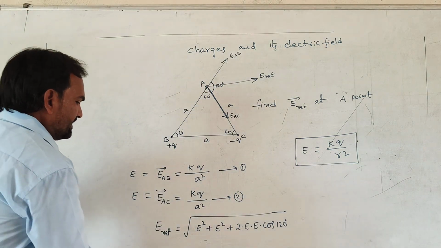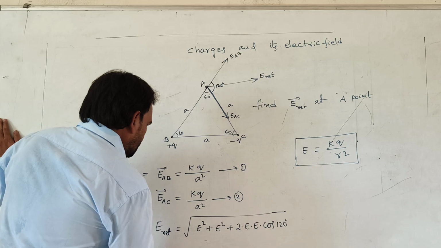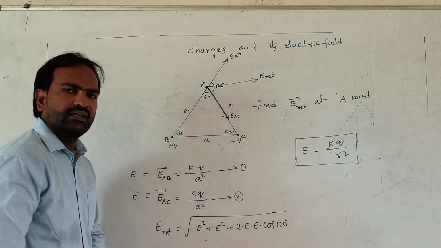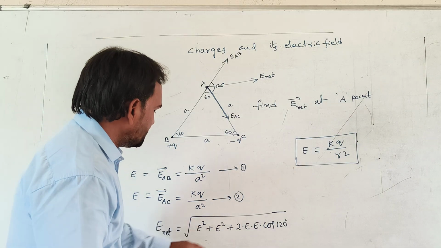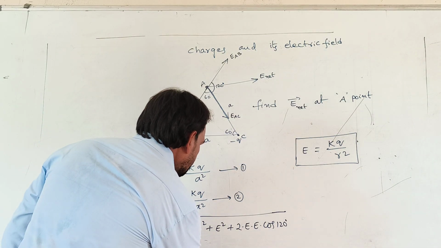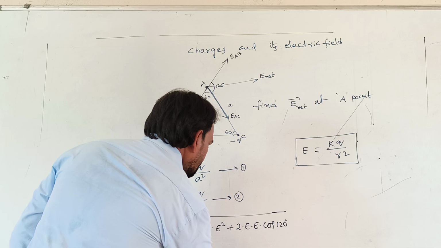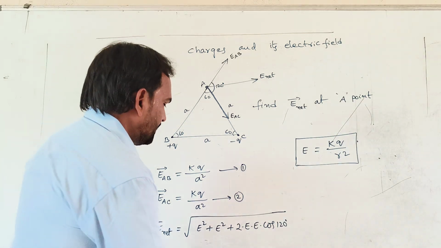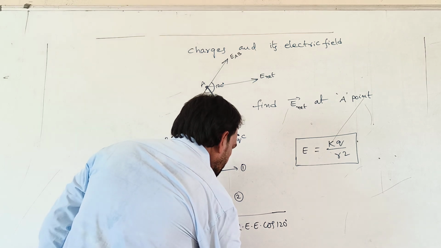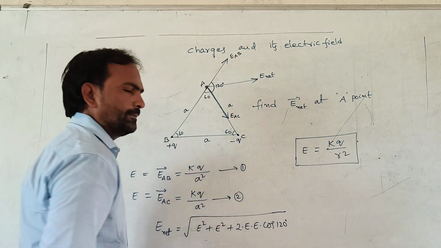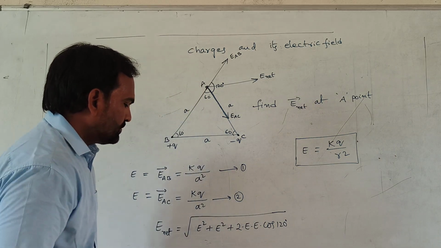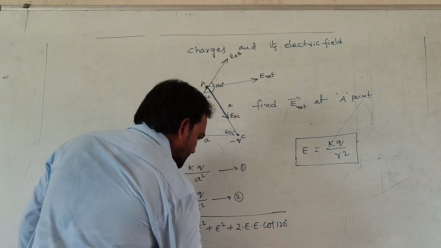So finally, how do we write this? E net is equal to root of E square plus E square plus 2E square cos 120. What is the value of cos 120? Minus 1 by 2. So the 2 gets cancelled.